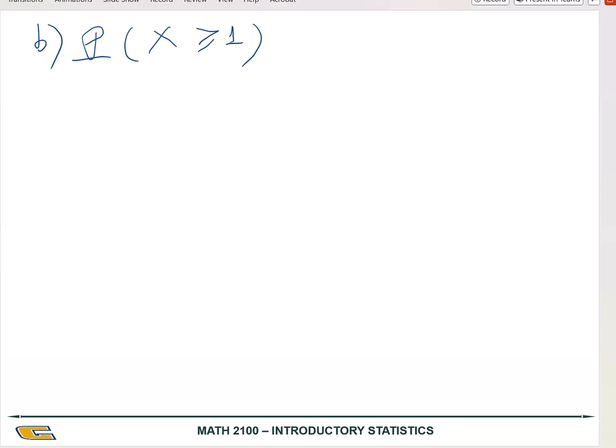We care about defective. So at the time, for the at least one event, again, we don't deal with that directly, right? We will use the complement strategy, which is X less than 1, right?